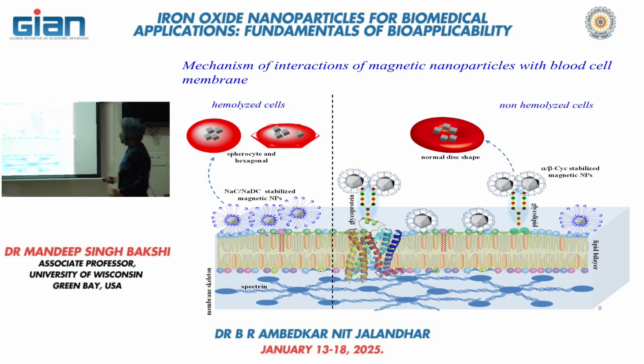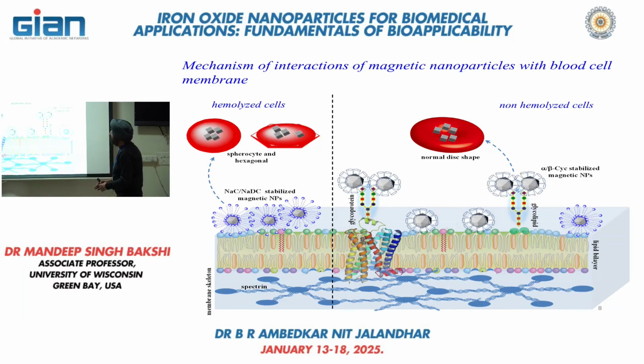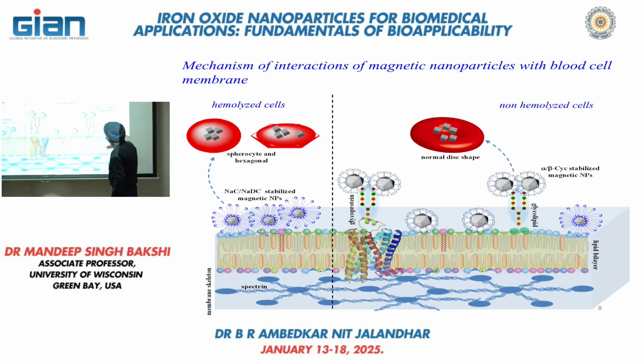Okay, what happens now? I have divided the diagram. Initially, you concentrate on the cell wall, but actually the cell wall is in action rather than any kind of involvement of spectrin. So it is the lipid bilayer membrane that is interacting with the magnetic particles.